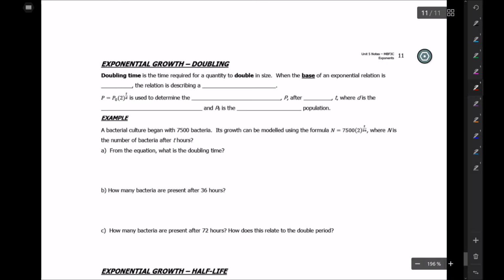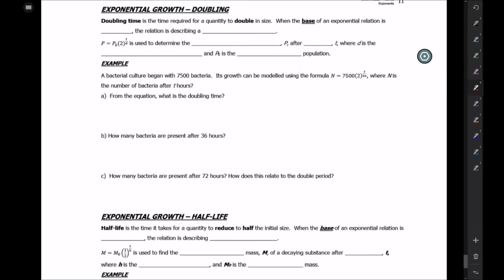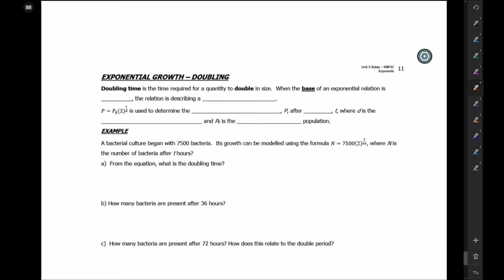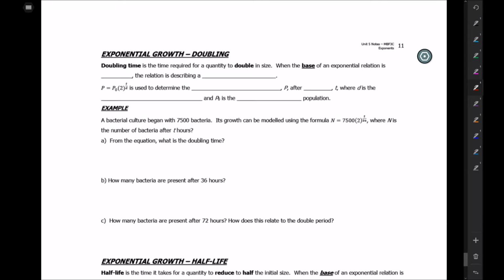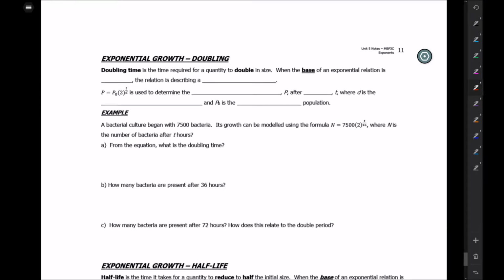All right, so now the next thing that we're going to do is look at a specific type of exponential growth and a specific type of exponential decay. So we have a little bit of a typo here where it says exponential growth. This should say exponential decay. Okay, so looking back at exponential growth right here, doubling is a very common example of exponential growth that we will see.